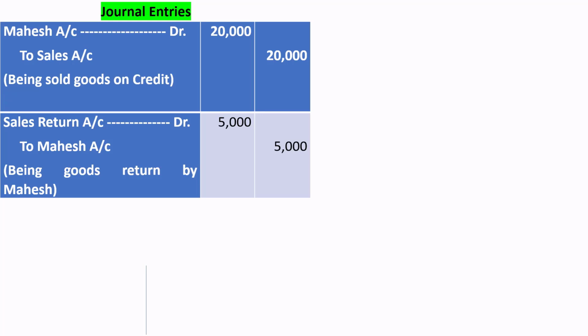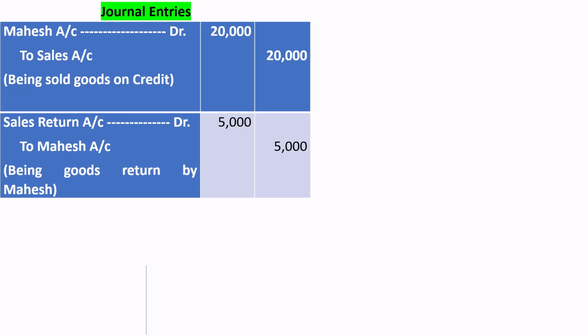If for any reason he has returned the goods, it is a sales return. If the goods are not as per order or there is a defect in the goods, then the customer can return the goods.